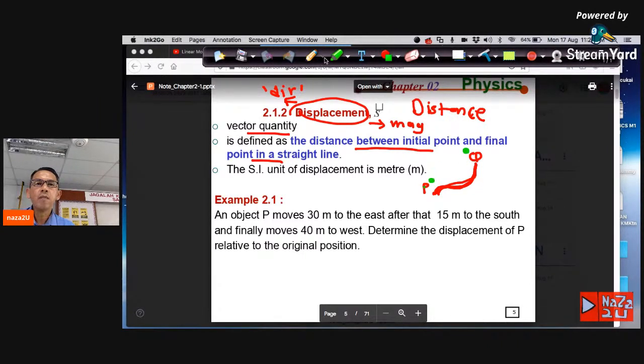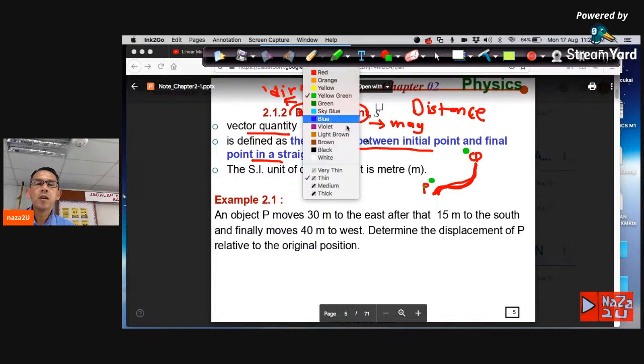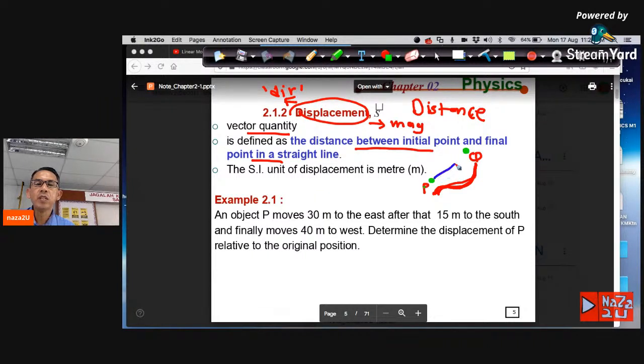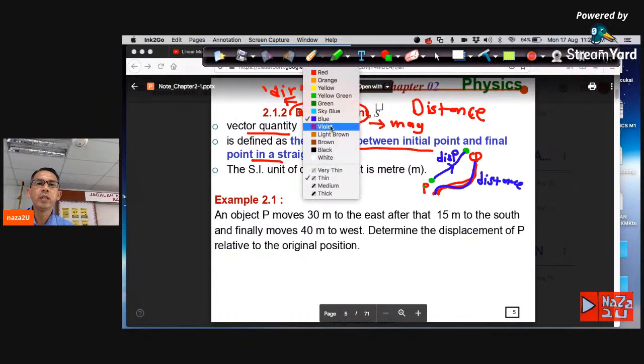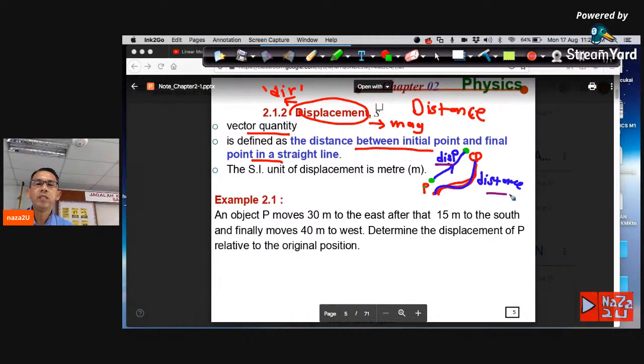So displacement is from initial to final position. But if you talk about the distance, you must measure the path or length of the path from P to Q. So this is how you can differentiate between displacement and distance.